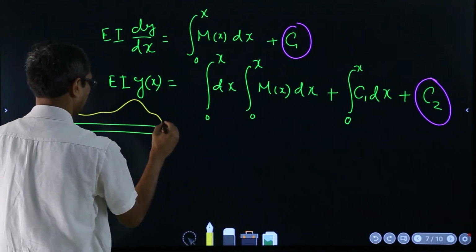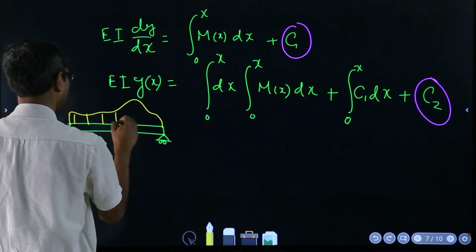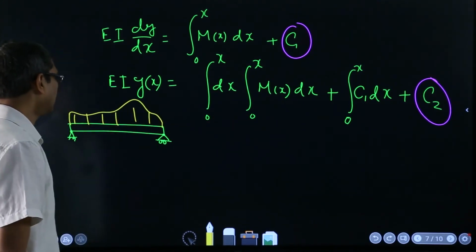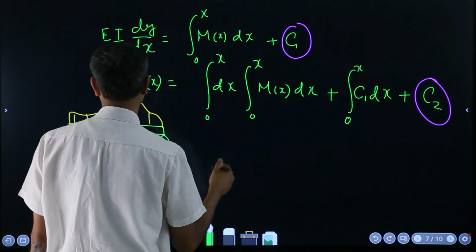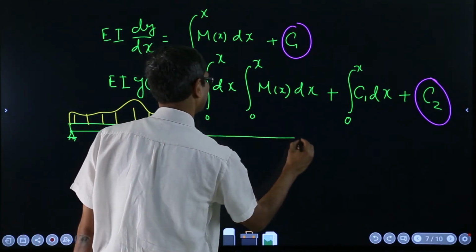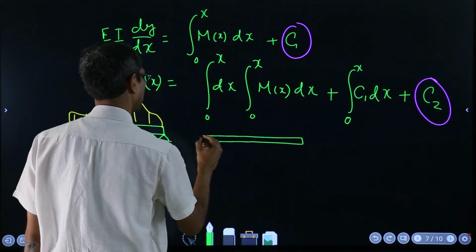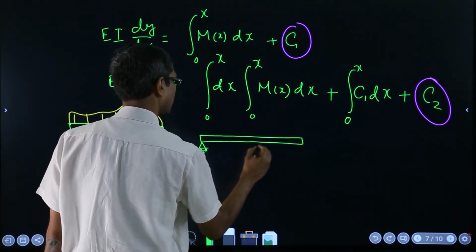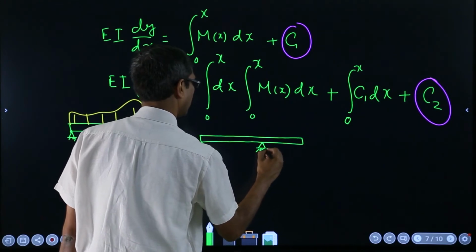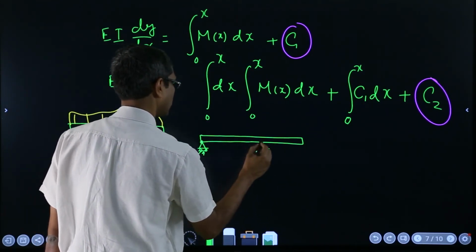That's called simply supported. Then another is of the overhanging type, but the supports are again like this and hinged at this location.